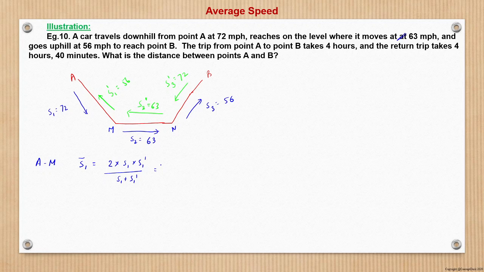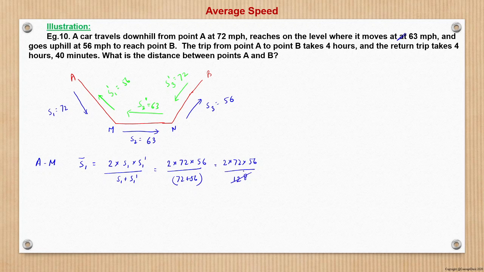So it becomes 2 into 72 into 56 upon 72 plus 56, which is 2 into 72 into 56 upon 128.